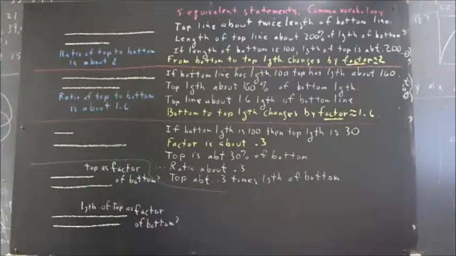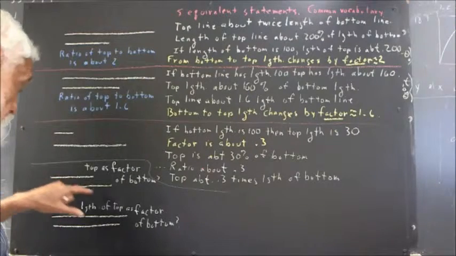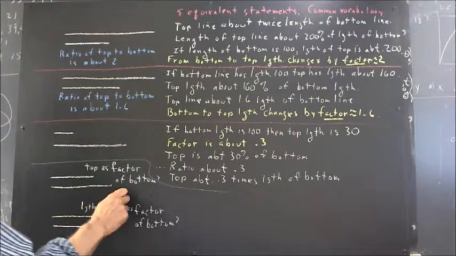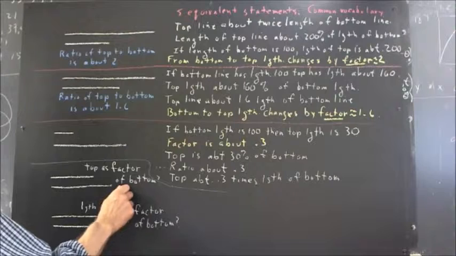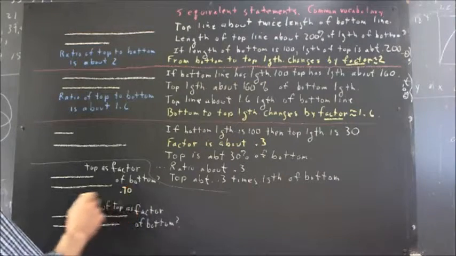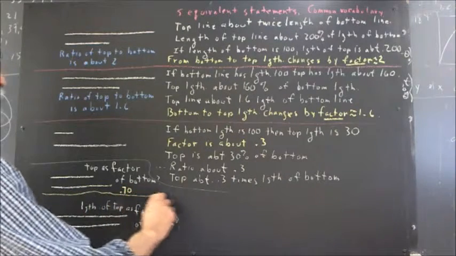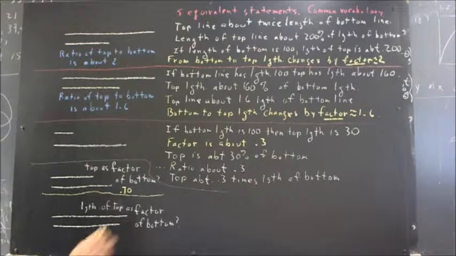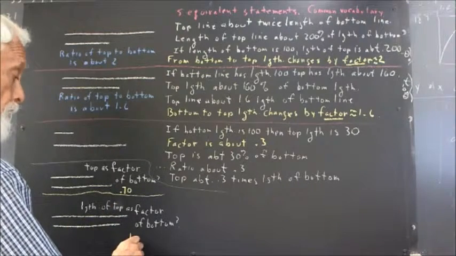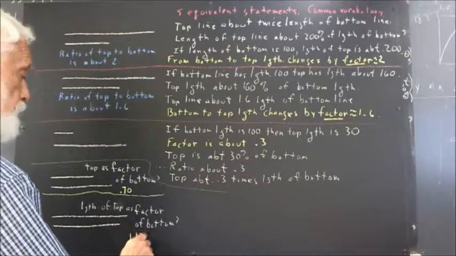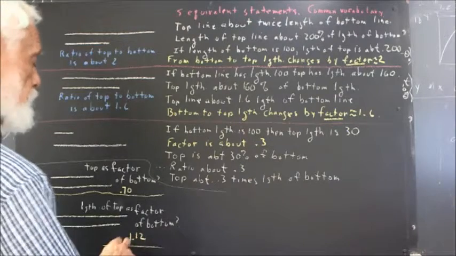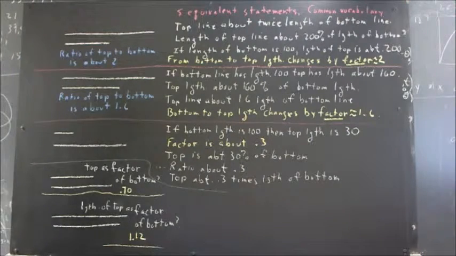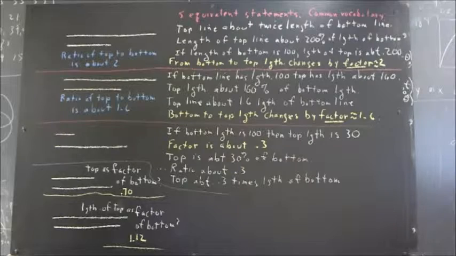Okay, just for feedback, I measured these with pretty good accuracy and determined that the top here is a factor of the bottom very close to 0.7, to the extent that the 2 significant figures it's 0.70. Here it's about 1.12. That's probably accurate to 2 significant figures.